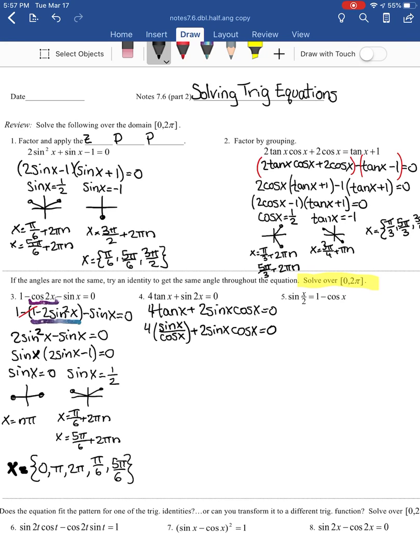So maybe I multiply by cosine x on both sides. And maybe I also just divide everything by 2 since both terms are divisible by 2 anyway. Don't have to, but you can. So that I'm left with 2 sine x plus sine x cosine squared x.